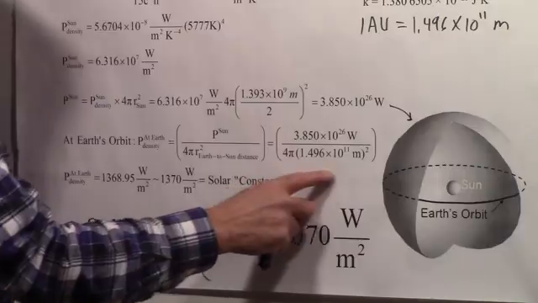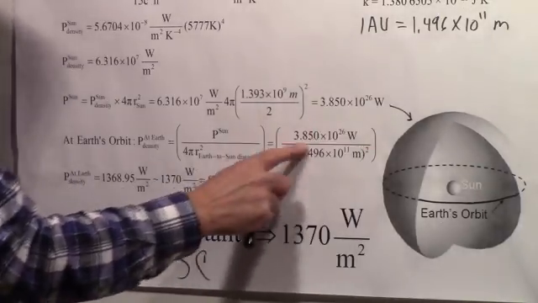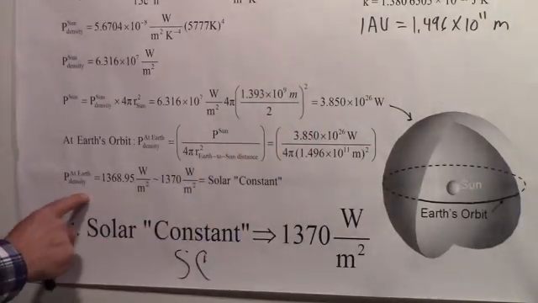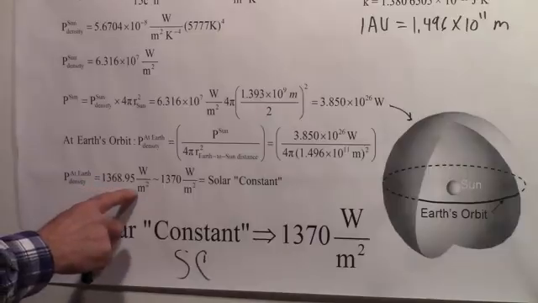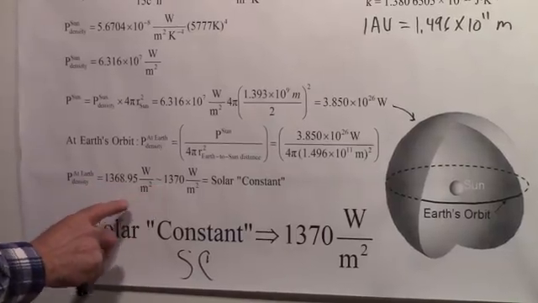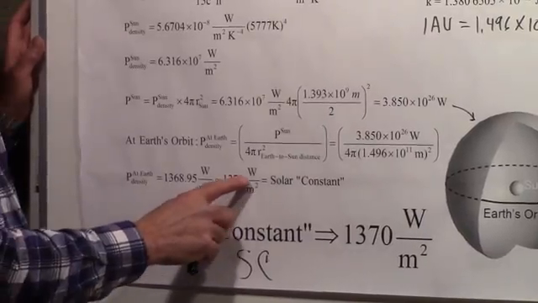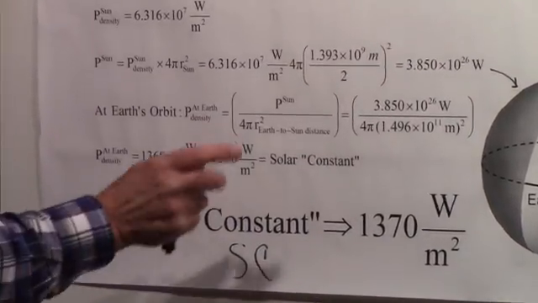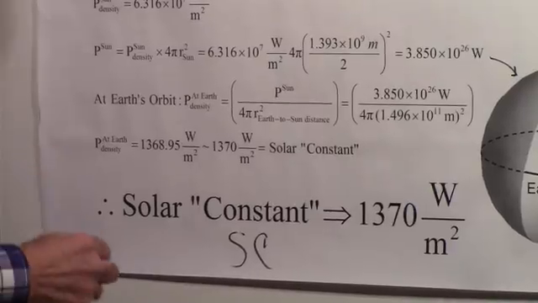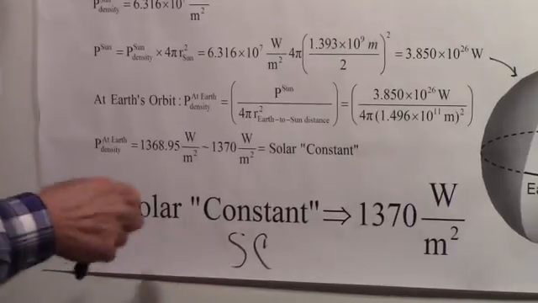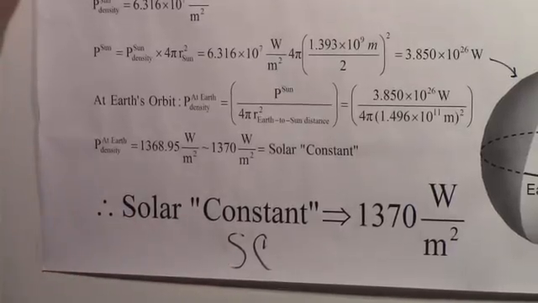That is going to be the solar constant. And if we work that out, we're going to round it a little bit. We're going to say it's 1,370 watts per square meter. We're going to call that the solar constant, and abbreviate it SC.